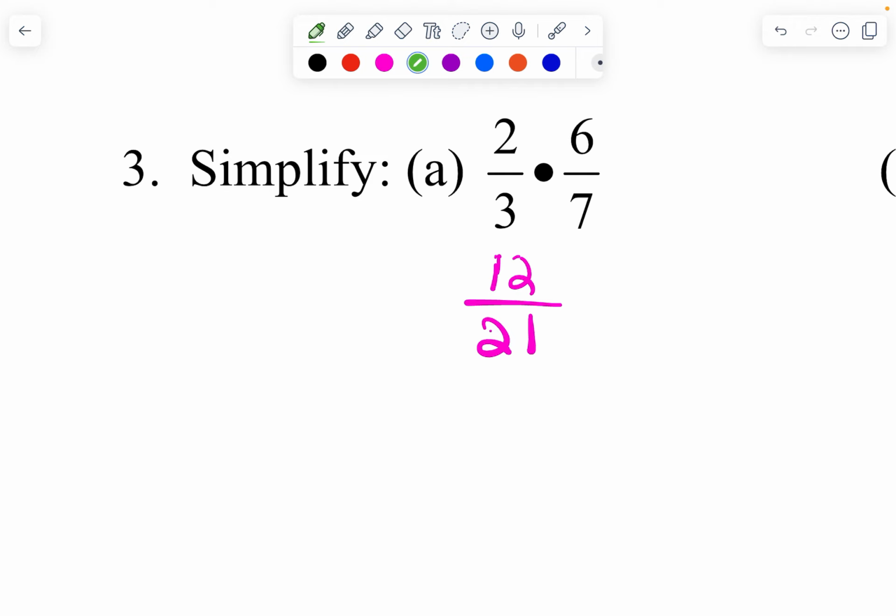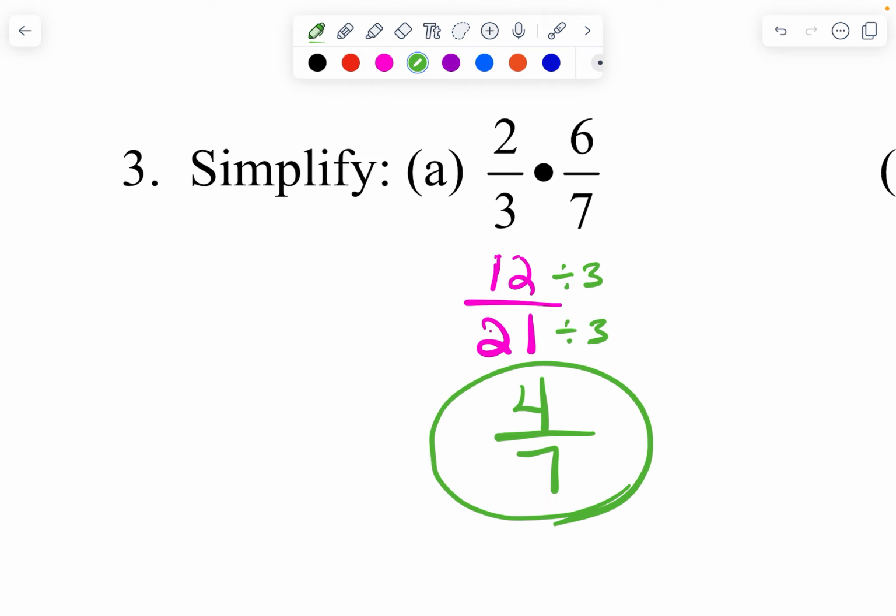And I know 12 and 21 are both divisible by 3. So 12 divided by 3 makes 4, 21 divided by 3 makes 7. That is the final reduced answer. Okay, so you can multiply first and then reduce. 100% that is accurate, works.